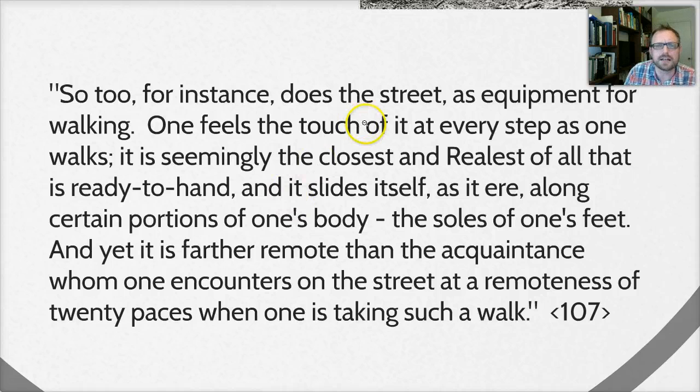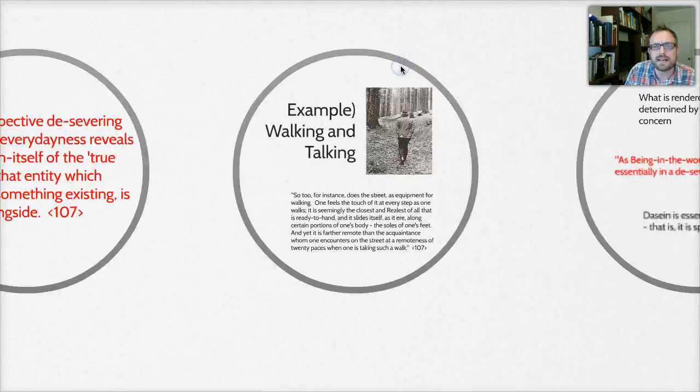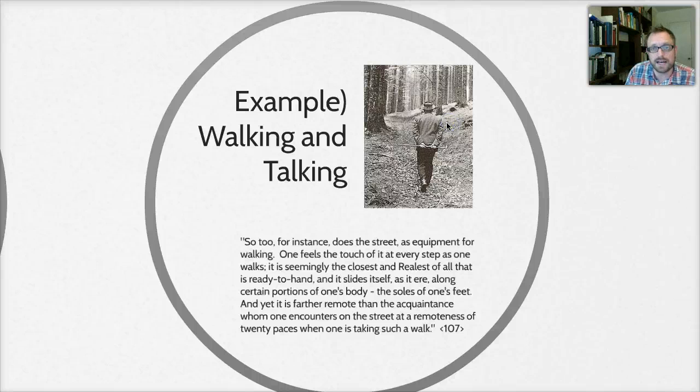So what is he talking about here? Well, disseverance here is a phenomenological category, which means that the disseverance in the spatiality of Dasein has to be phenomenologically understood, such that, for instance, when I'm walking on the street, in a very real sense, the street itself is really the thing that's closest to me, and it really is quite real.